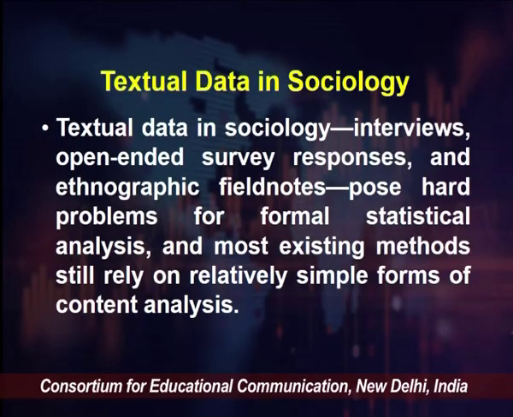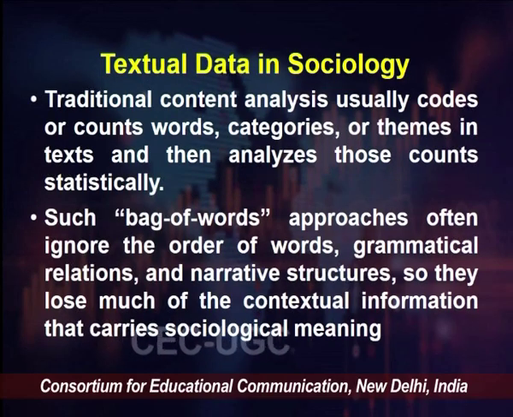More extensive use of spatial statistics in sociology seems likely, and therefore we move to the second category of data in third generation statistical methods, and that is textual data in sociology. It includes interviews, open-ended survey responses, and ethnographic field notes. These pose hard problems for formal statistical analysis, and most existing methods still rely on relatively simple forms of content analysis.